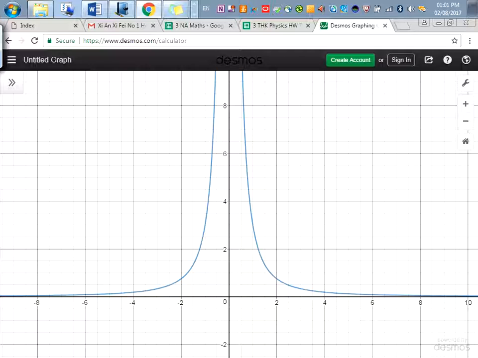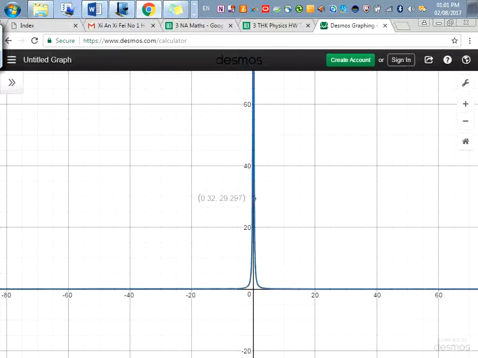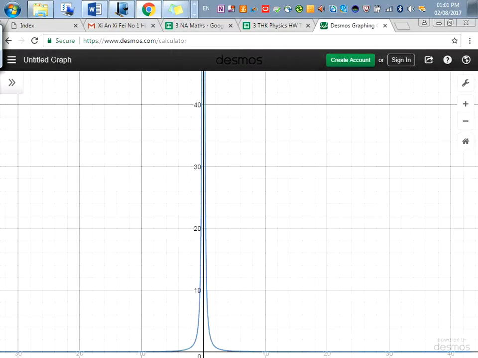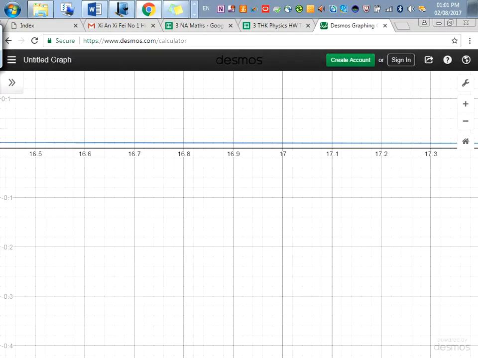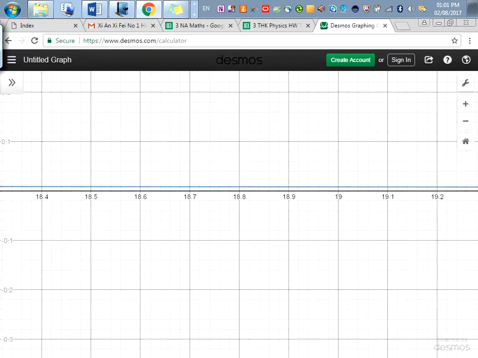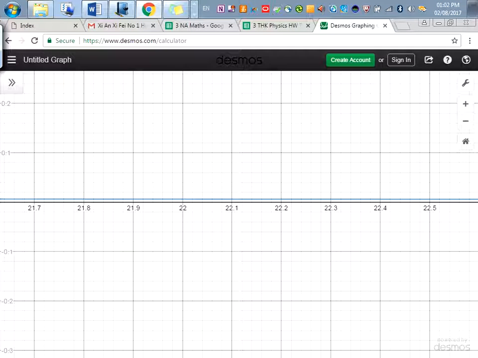Okay? You see that the graph looks like it will touch the x-axis, but if you zoom in, it doesn't touch. Go all the way to the right hand side, it just keeps getting closer and closer, but it doesn't touch. Cannot touch.